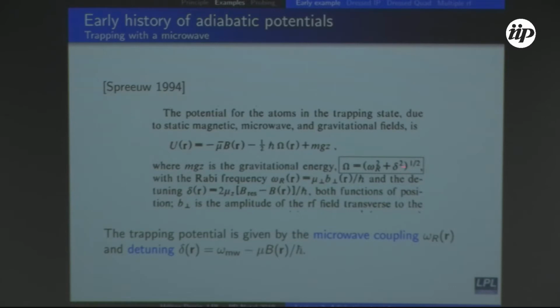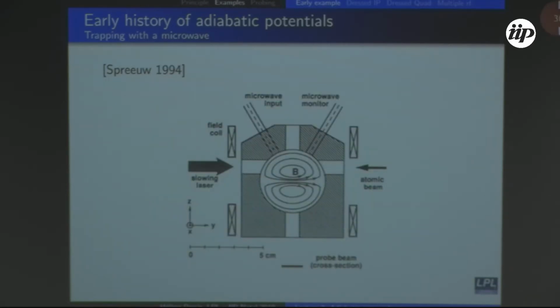And in fact, in their experiment, they have a detuning which is more or less always the same because they are in a cavity, and the magnetic field does not vary a lot. But what varies a lot is the amplitude because of the shape of the field inside the cavity. So they have an important variation of the amplitude.